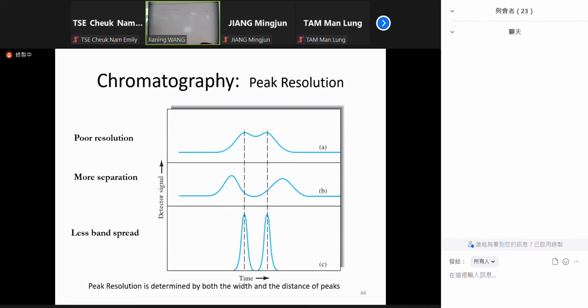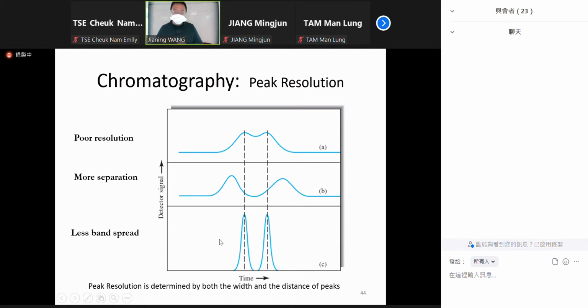This one also has a good separation, but the peak is too wide. In the middle one, panel B, if you only have two solutes, that's not a big problem. But if you have many analytes to separate, the column may not have enough capacity to separate the multiple analytes.